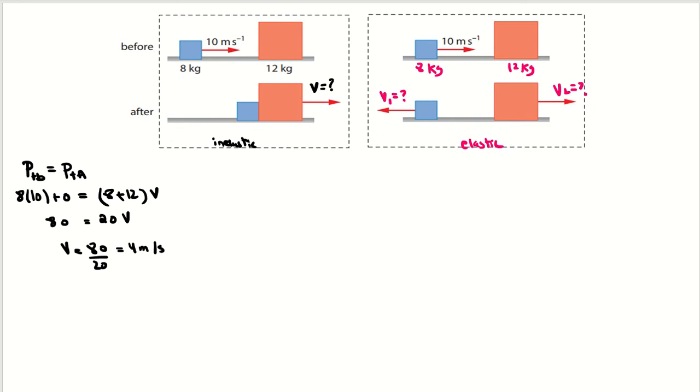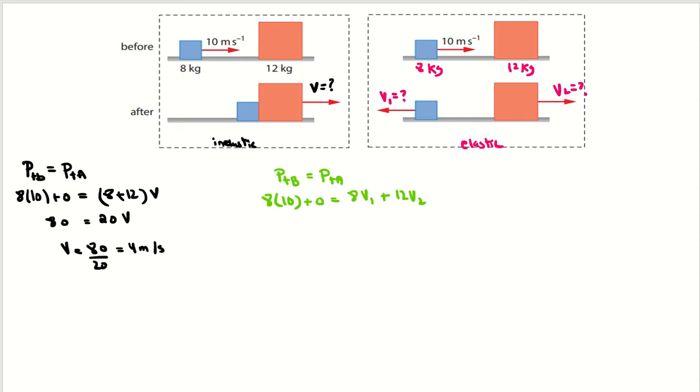I'll start with the conservation of momentum. So P total before collision should be equal to the P total after collision. So before collision, I have the same as before, the 8 kilogram moving at 10, hitting the at rest object, it's equal to the 8 moving in V1, okay, plus the 12 kilogram moving in V2, okay?